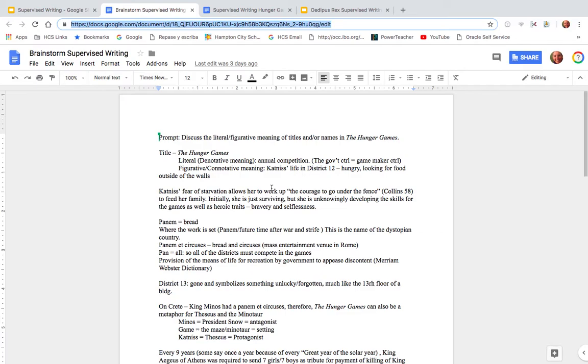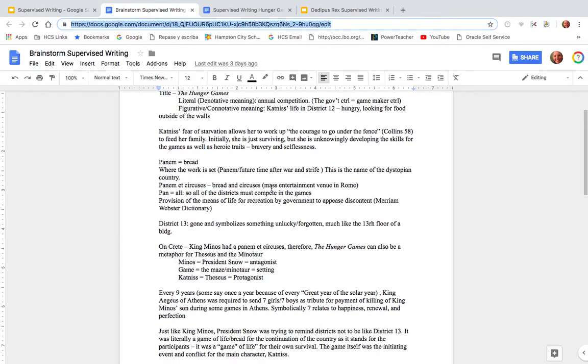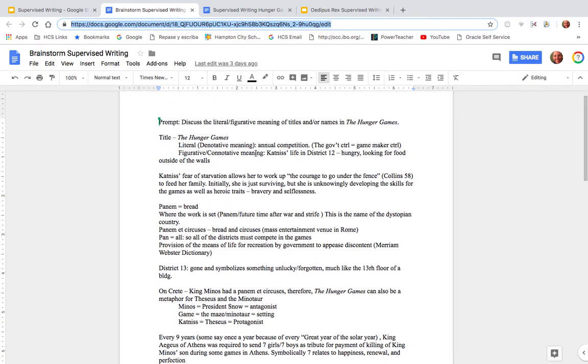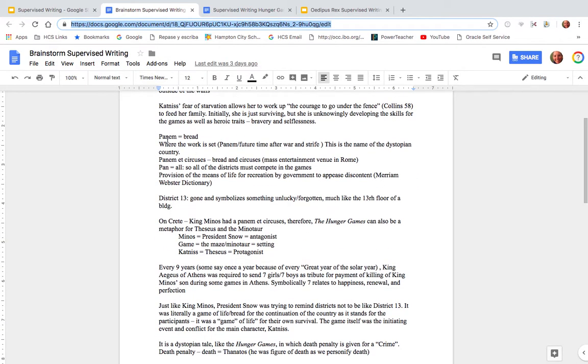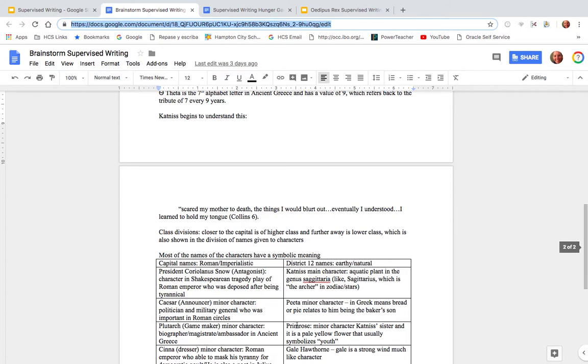Going into appreciation of author's choices, if you look at the prompt, it's literal or figurative meaning of titles and or names. The entire thing is appreciation of author's choices because they talk about the title. They talk about Panem, which is the name of the capital, or excuse me, the country. They talk about all of the names here in the work. So all of these were given to either the places or the people or the book by the author, so you're appreciating it.